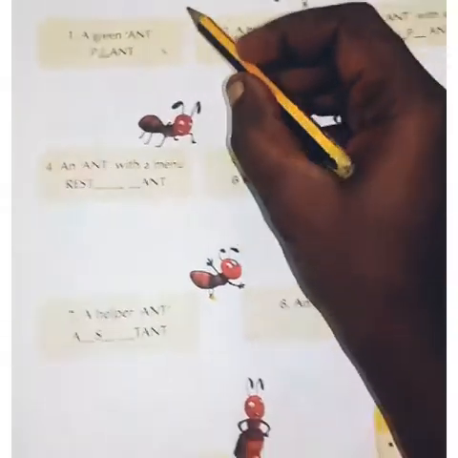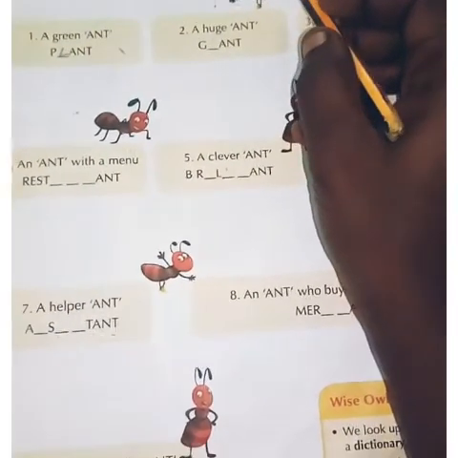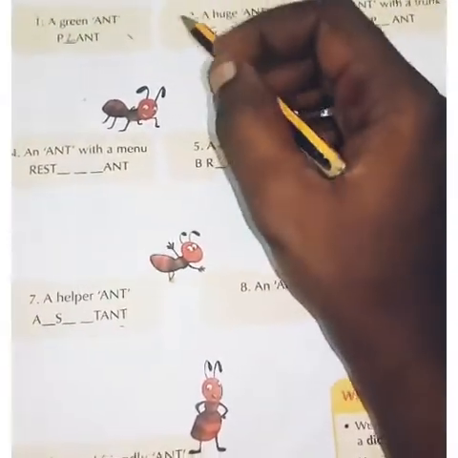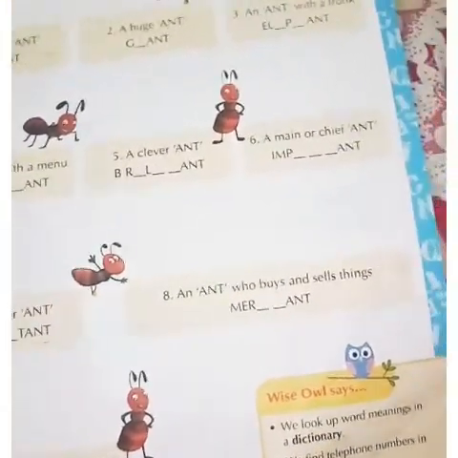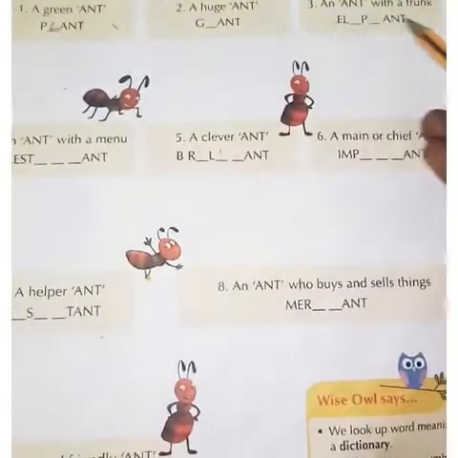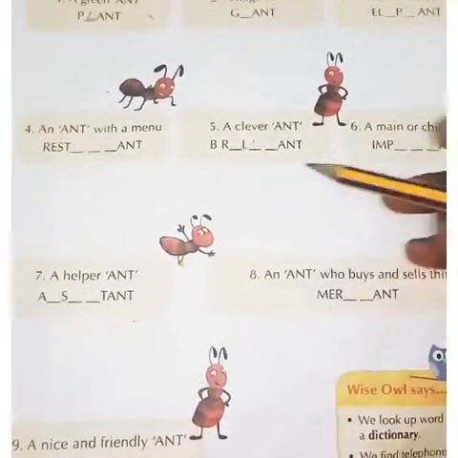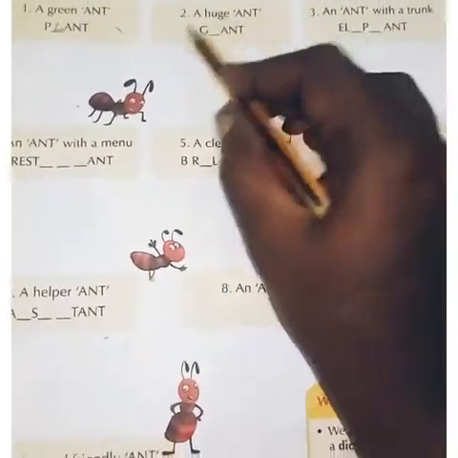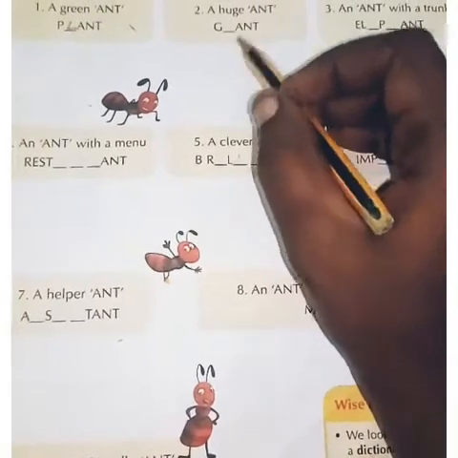What it means is, use the clues given below to get a word ending in "ant", then fill in the missing letters. All the words are ending in "ant", isn't it? By reading the question, you find the correct answer.